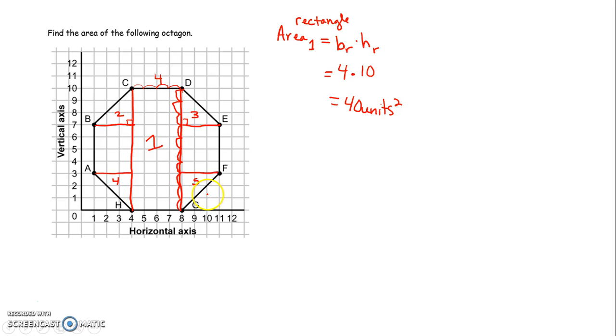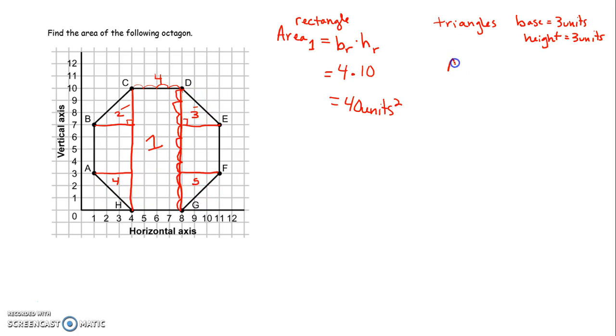So the really nice part about this is, if I want to find areas 2, 3, 4, and 5, all of those are triangles that have a base of 3 units and a height of 3 units. And how many of those do I have? 1, 2, 3, 4.